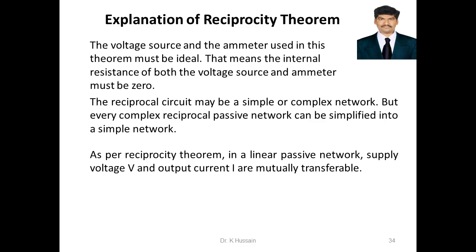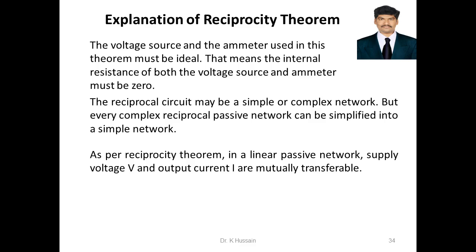For example, in one case you take the voltage in the first branch. Then you shift the source to the other side, and in both cases you find the values. They should be the same. So the supply voltage and output current are mutually transferable.